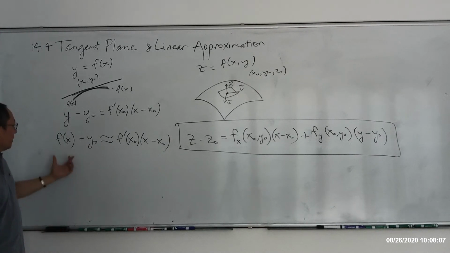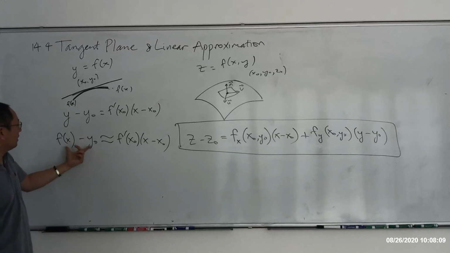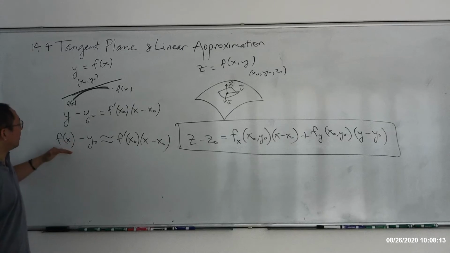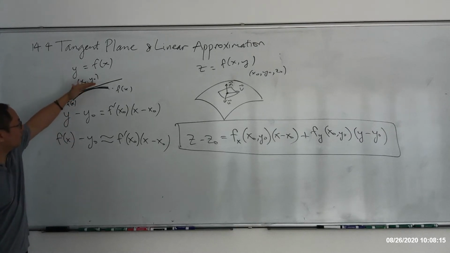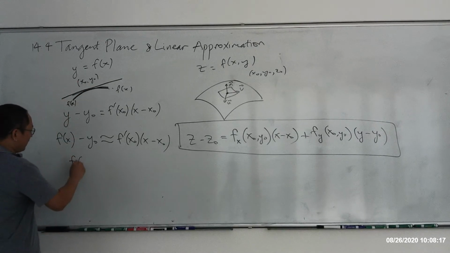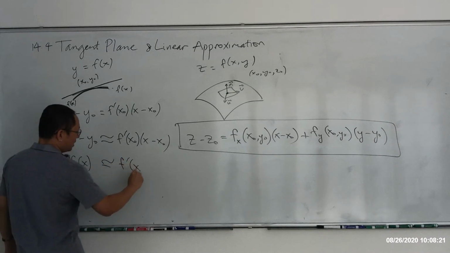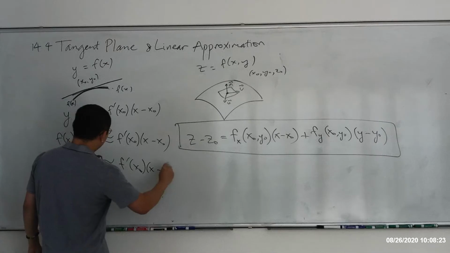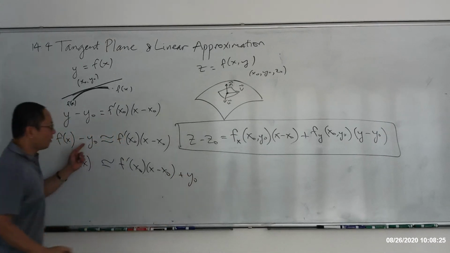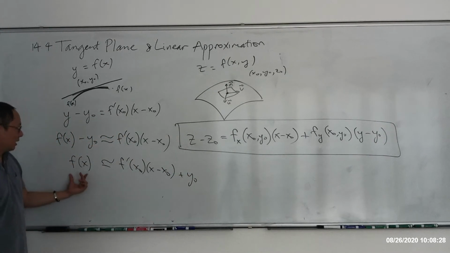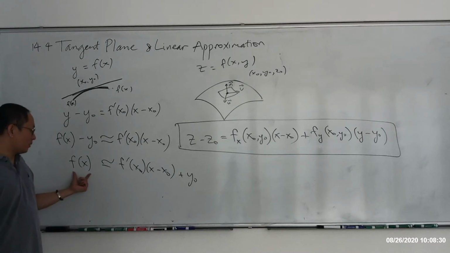So this is the approximation of the function. Not the same. It's called linear approximation because we are using the formula for the line. So really, f of x is approximately equal to f prime of x naught times x minus x naught and then plus y naught. I'm just adding y naught on the other side. That's all. And they call this the approximation of the function.